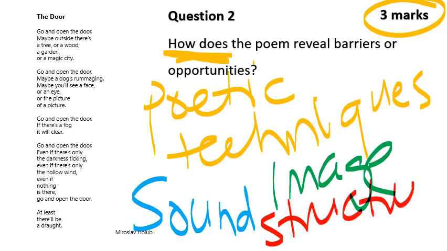Just keep those in your head. Sound, image, and structure. And then I want you to come to a conclusion about its overall purpose and meaning once you've thought about those things. So think about what barriers or opportunities are in this poem.